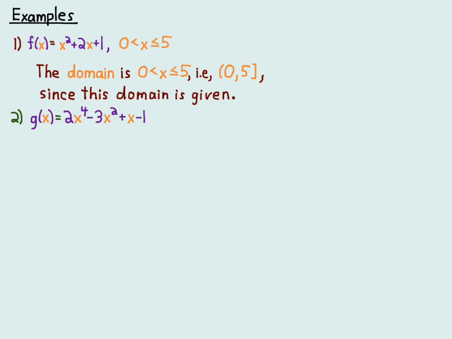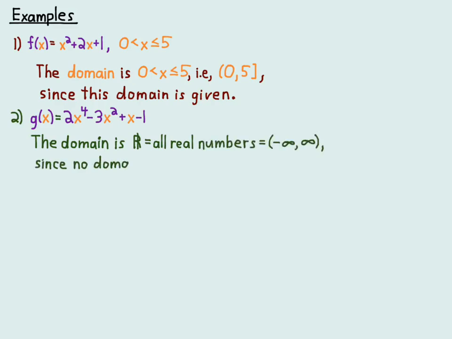That'll give you real numbers out when you plug them in. Well, any real number will work. So it's a polynomial, there's no restrictions, so my answer is all real numbers, which can be written as a blackboard R, all real numbers, or negative infinity to infinity with parentheses, right?